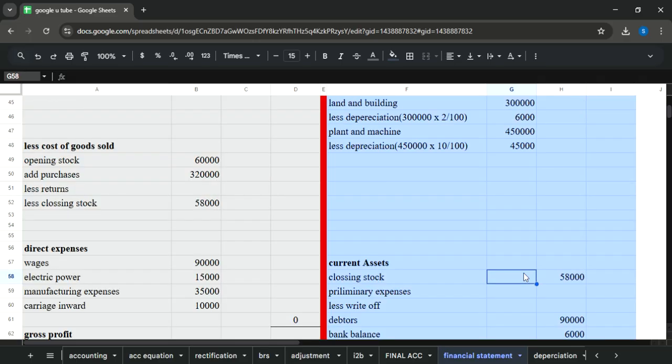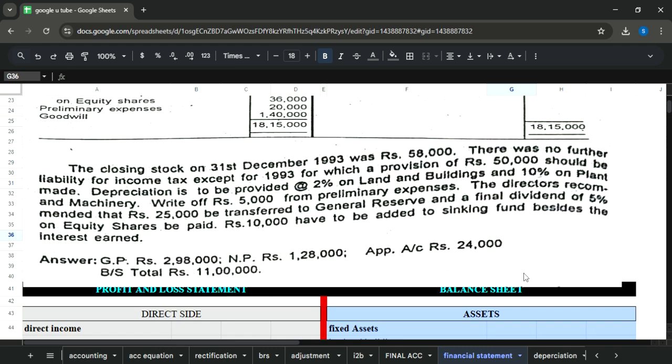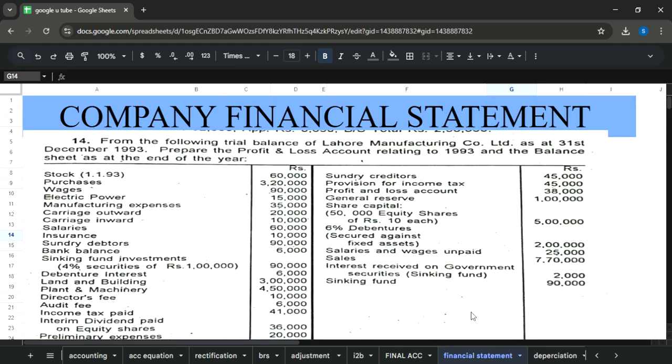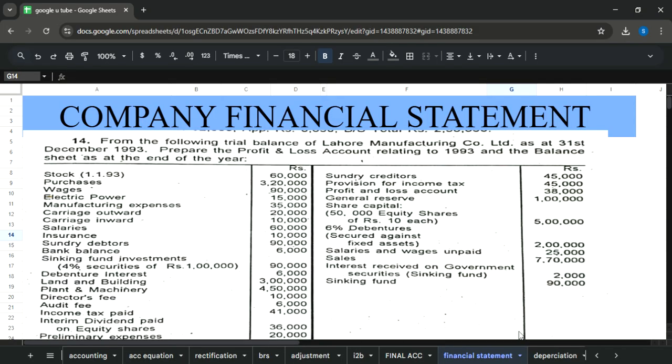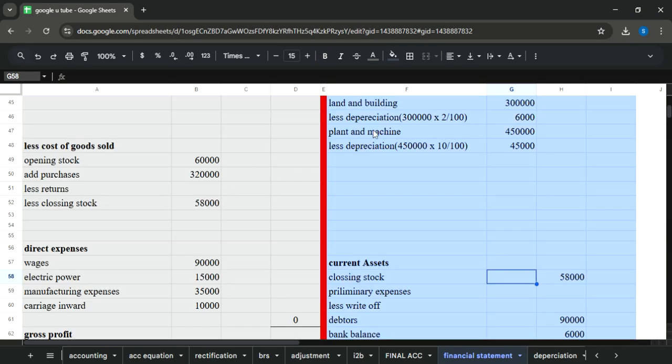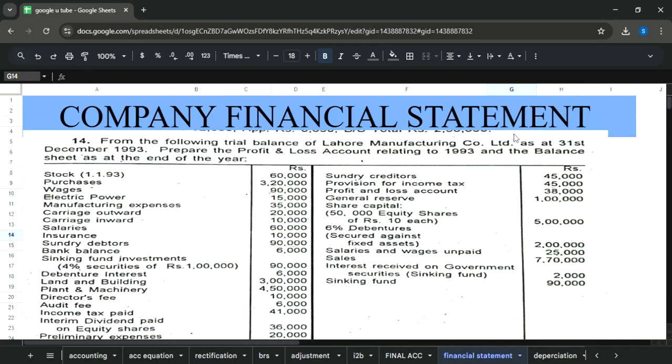Guys, you have seen that we were completing debenture interest, but at the same time we have written debentures as well. Next is land and building 3 lakh, and look here, land and building 3 lakh is already written. After that, plant and machinery 450,000, and look, plant and machinery 450,000 is also written.